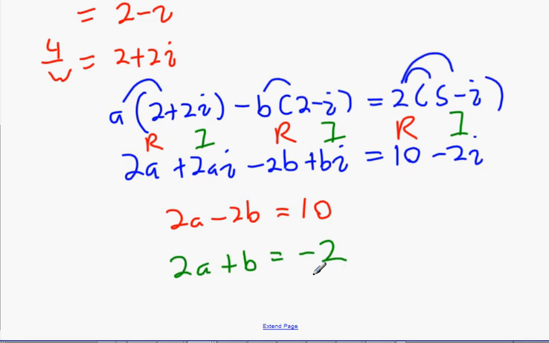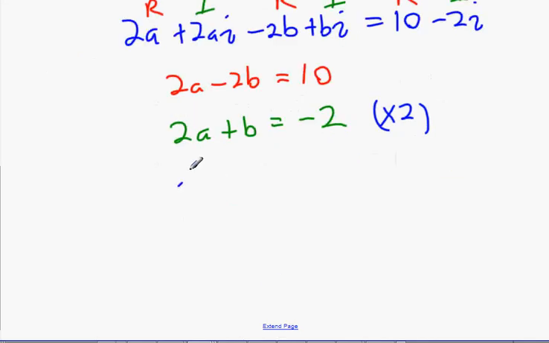Now you've gotten your simultaneous equation. If we multiply the bottom by 2, we can turn it into a 2b that will cancel. So I've decided to cancel the b's. To cancel the b's, I need a 2b here. So we're going to get 4a plus 2b equals minus 4.